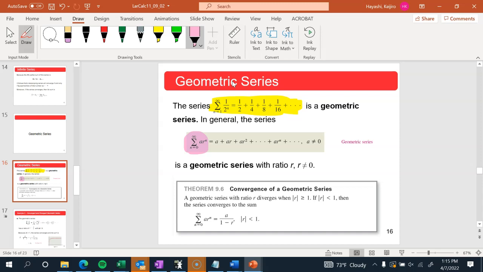It can start at n equals 1, and in that case, you'll just have one fewer term in the beginning. It equals a, where a can be anything at all. Maybe a is just 1 and you don't have to think about it at all. Each term is basically increasing powers of something. But that thing that's getting taken to that nth power is the ratio.